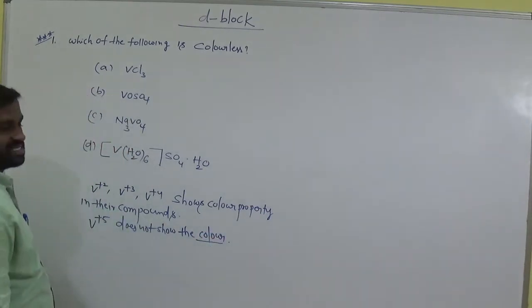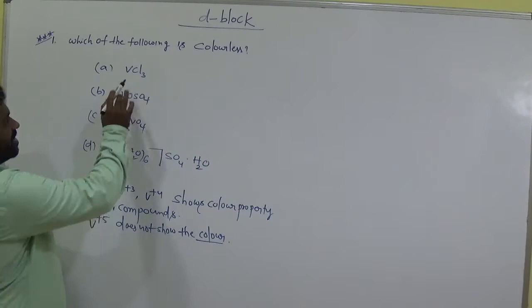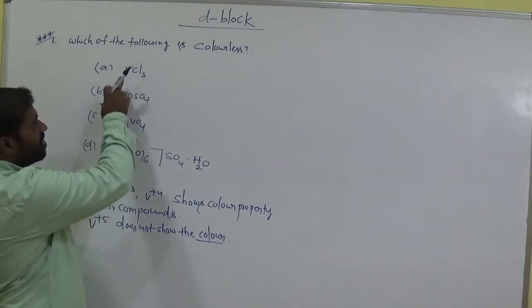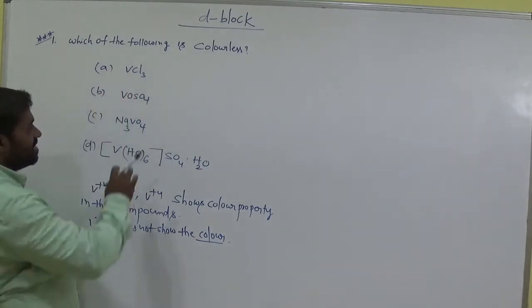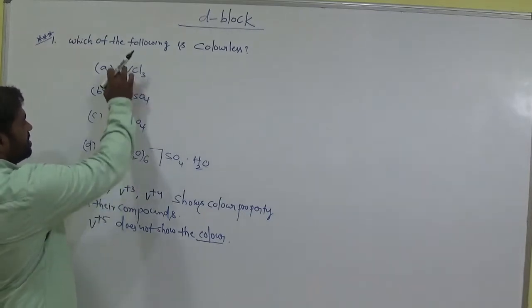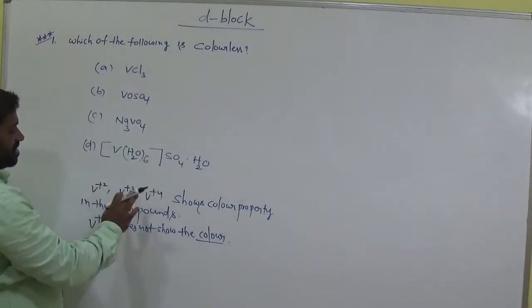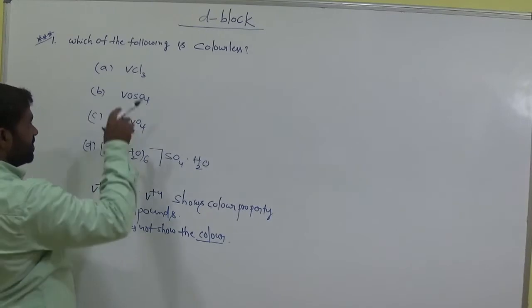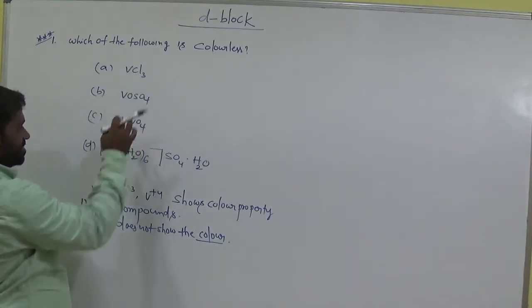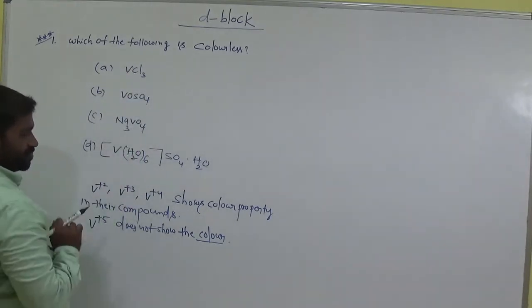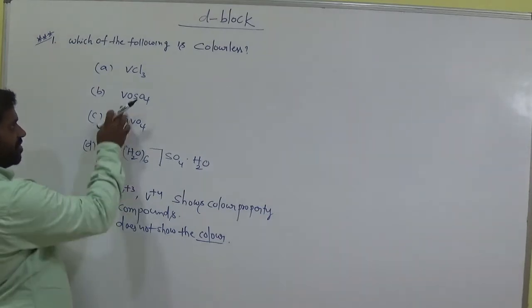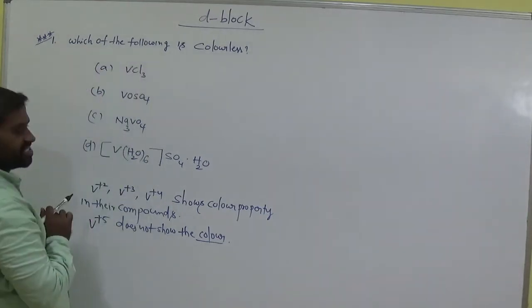It is colorless. So here VCl3, what is the oxidation state of vanadium? +3. These show different oxidation states, V+2, V+4, V+3.